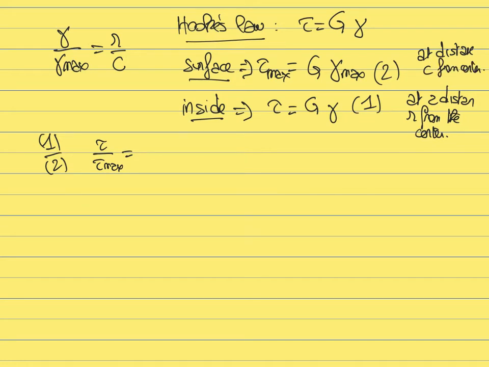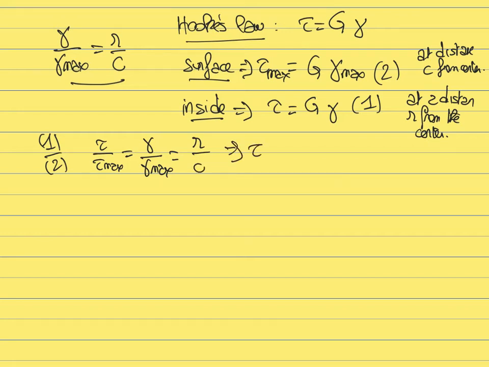The distance c is the surface, since c is the radius of this circle. If I divide those two expressions, the shear modulus G disappears, and tau divided by tau max is equal to gamma divided by gamma max. Since we saw that gamma divided by gamma max is equal to R divided by C, this term is also equal to R divided by C.